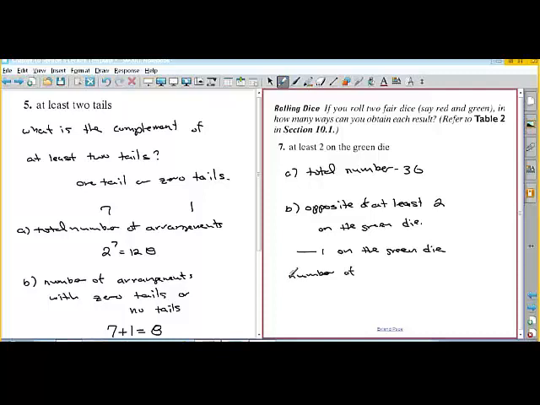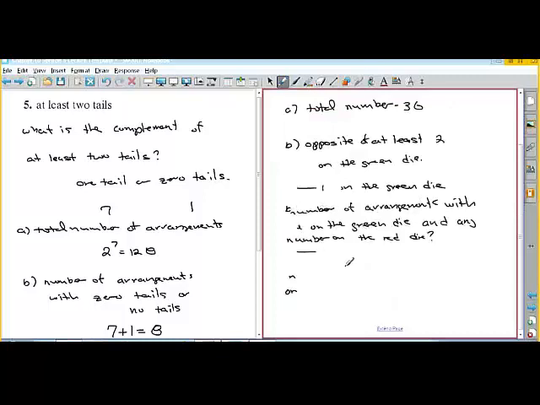So the question here is, what is the number of arrangements with 1 on the green die and any number on the red die?